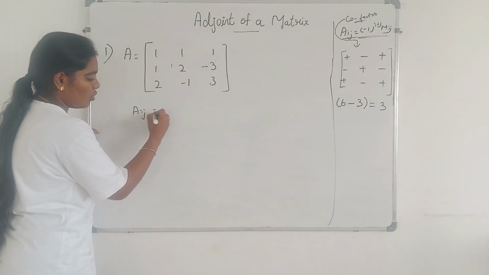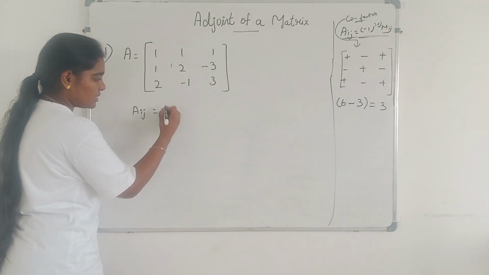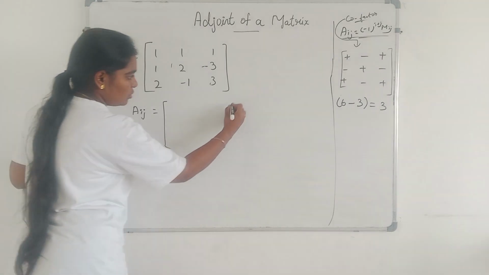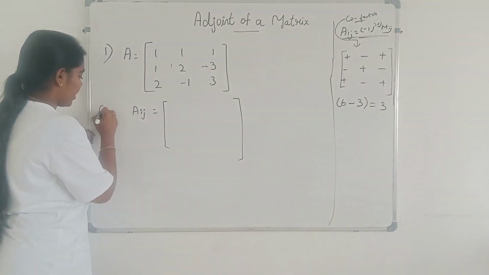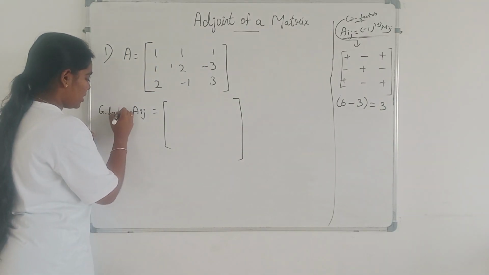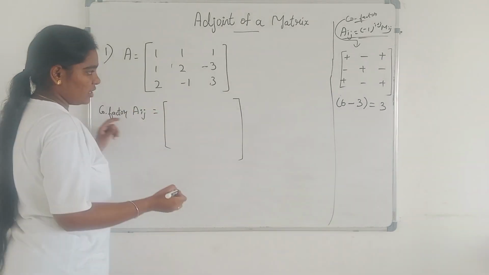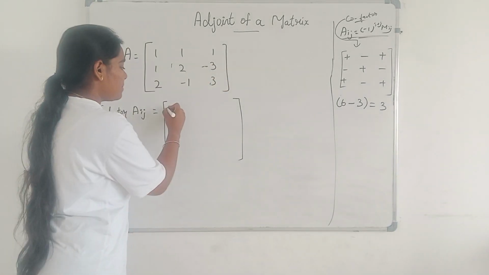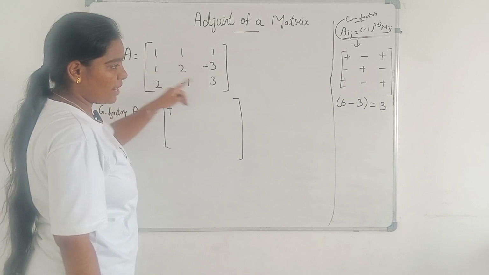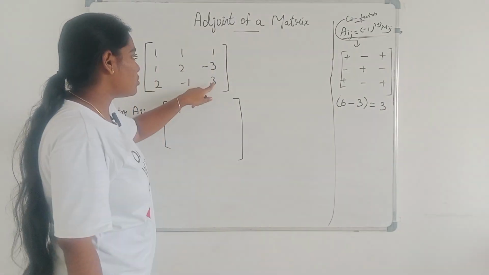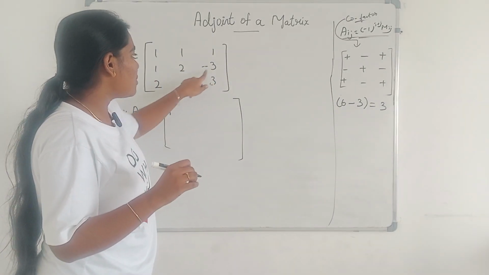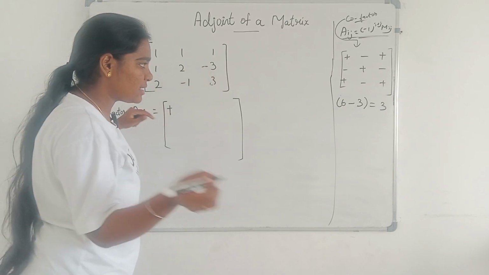So here is the cofactor matrix. Write it as cofactor Aij equal to: the first element will be in positive sign and the minor is 3, because 2 threes are 6, minus 1 into 3, 3, 6 minus 3, 3.